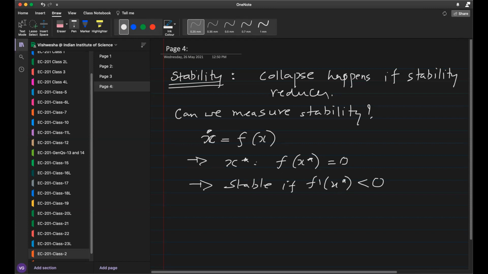We did not quantitatively measure how stable the system is. Do you think that's possible? It can depend upon how negative that value is. Yeah, that's certainly one way, absolutely. The range of x star values over which this is true, that also.